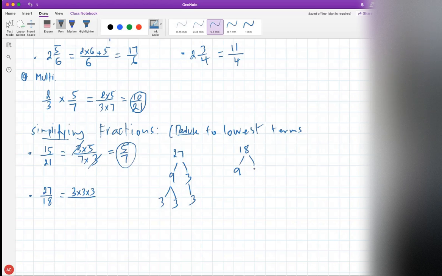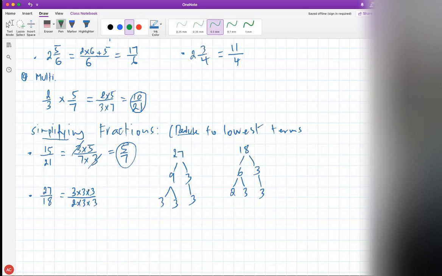You can start with 9 times 2, that's fine. You can start with 6 times 3, and then 6 is 2 times 3. So 18 is basically 2 times 3 times 3. Okay, we factored both. We broke down both of these numbers.